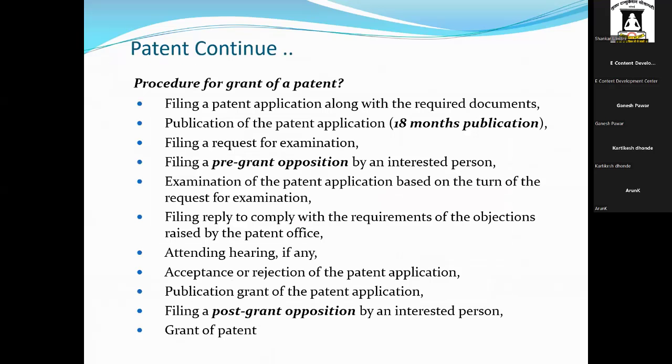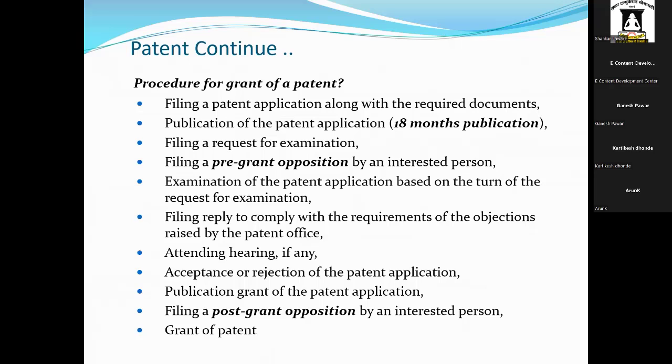Now, the procedure for grant of a patent. How can you get a patent granted? First, filing a patent application along with the required documents. You have to file an application along with the documents required by the government authority, then publication of the patent at 18 months, and filing a request for examination.